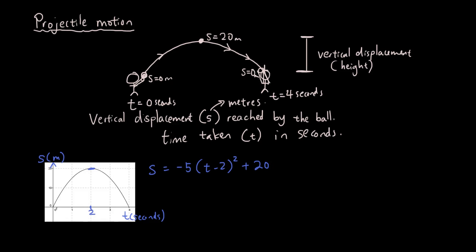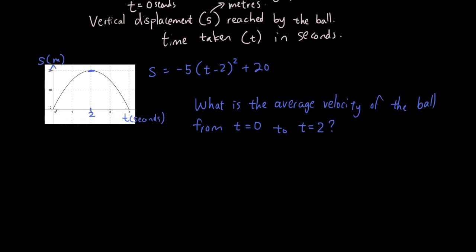And now I'm going to give you guys a question that requires your understanding about rate of change. And the question is, what is the average velocity? So remember the keyword here, average velocity of the ball from time t equals 0 to time t equals 2 seconds.